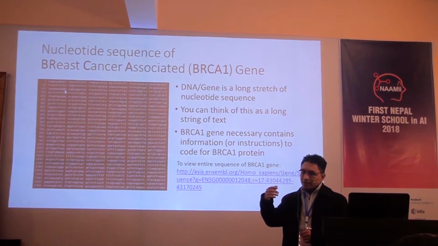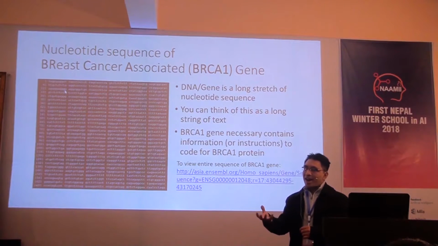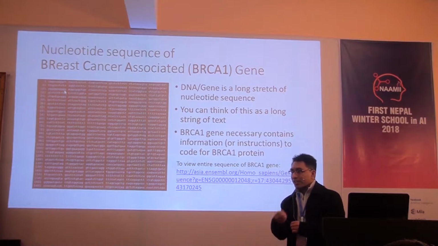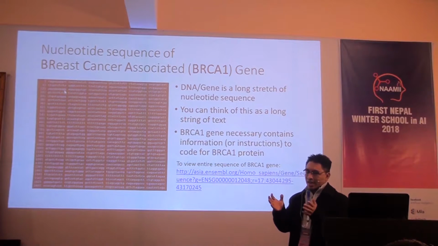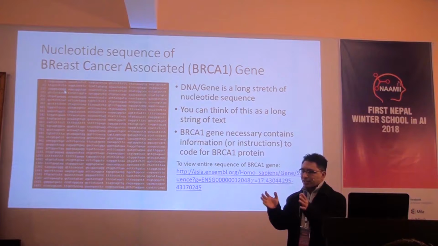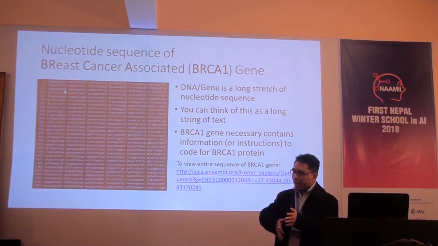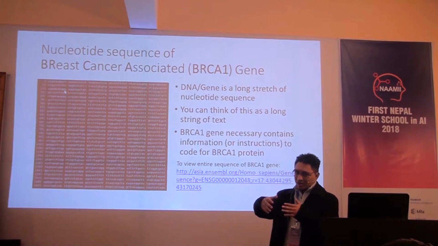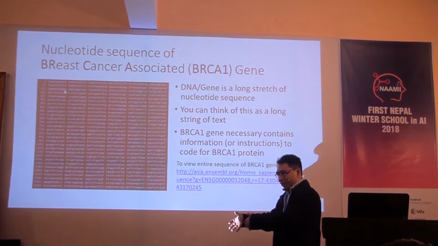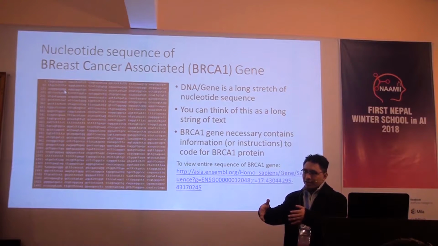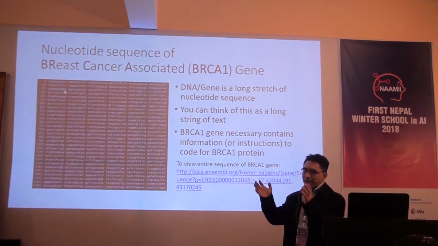not every combination can give rise to the necessary instructions. Those instructions are very unique, and there is some grammar involved, some syntax. We would have to go deeper into molecular biology to understand that. But what I want to say is that chemically you can have any kind of combination sequence.